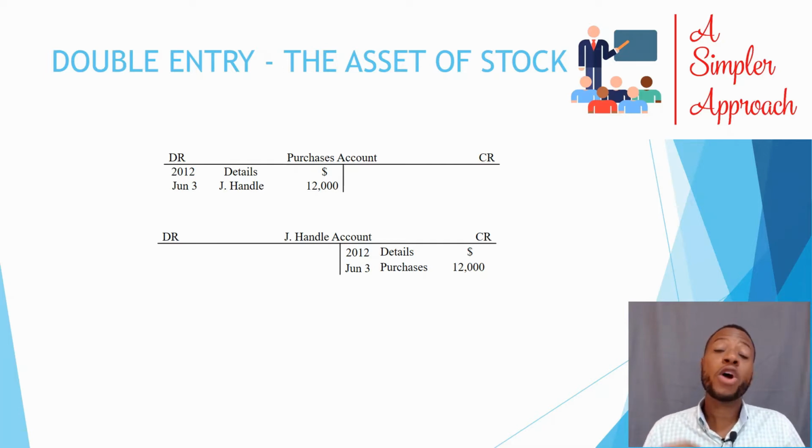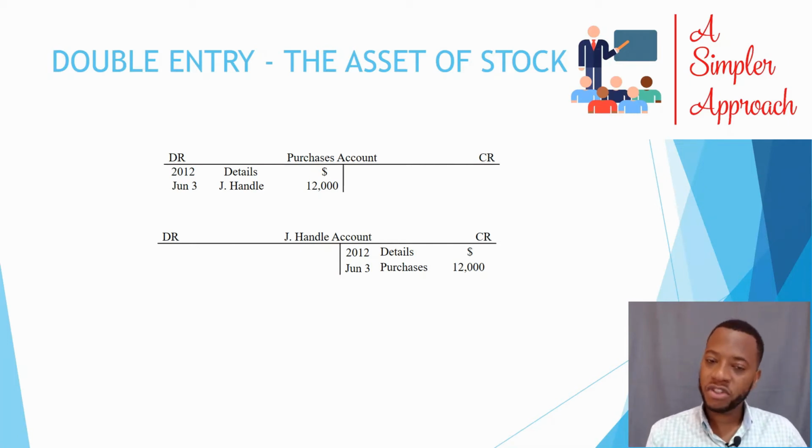And remember, the corresponding item is used as the detail. So when we look at the purchases account, it literally tells us that on June 3rd, we bought goods on credit. J. Handel is there, which means it was bought on credit. Bought goods on credit from J. Handel, $12,000.